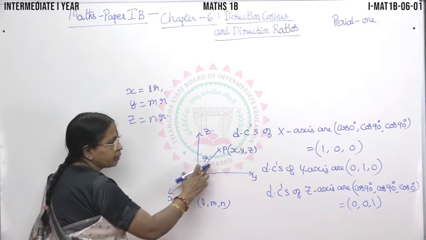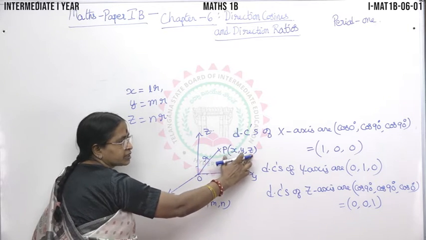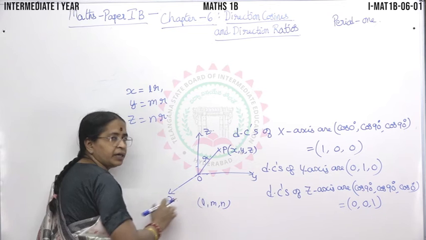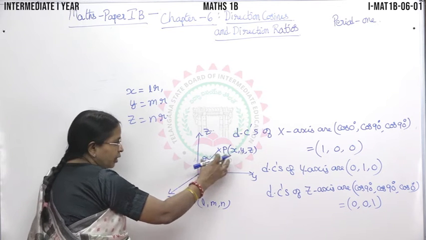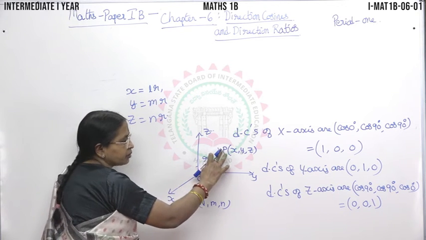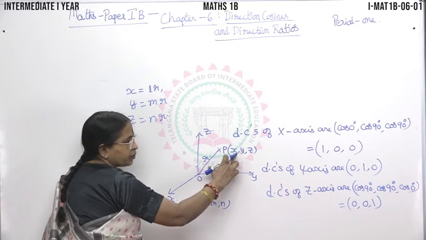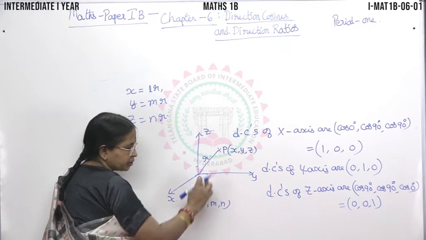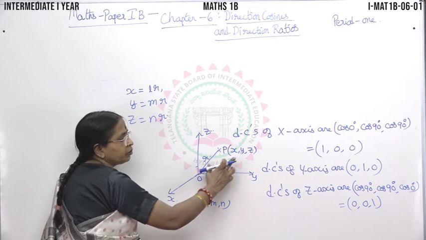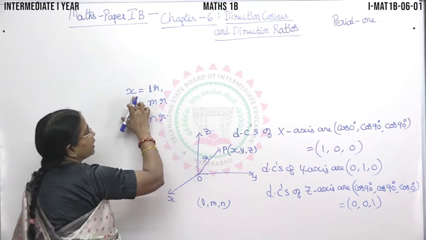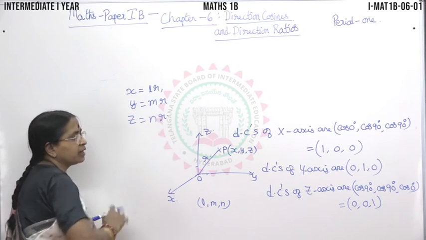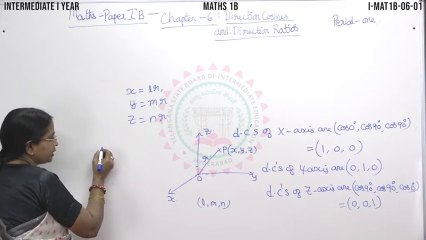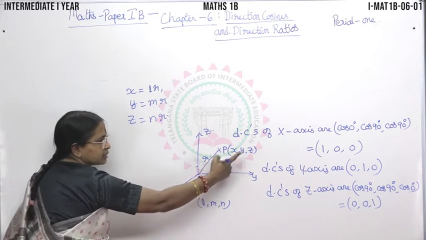Suppose that P is a point x, y, z, OP distance is R and the direction cosines of OP are L, M, N. Then you can write the coordinates as x as LR, y as MR and z as NR.